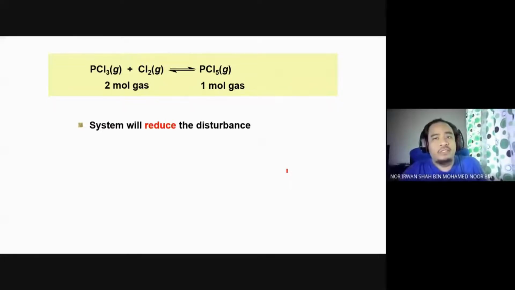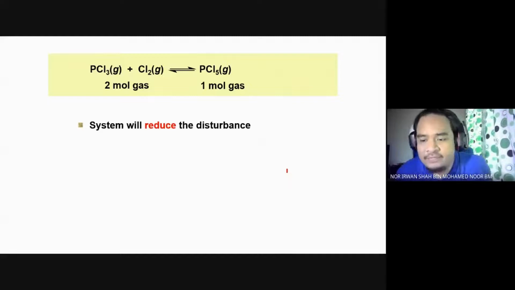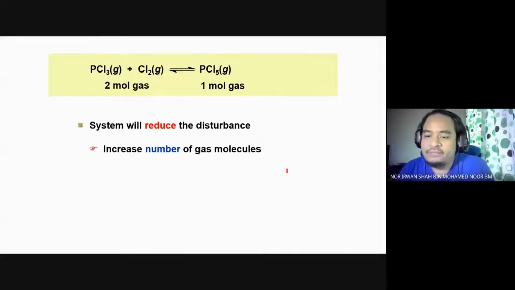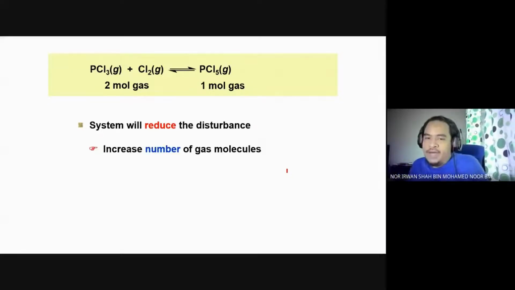So what will the system do? The system will increase the pressure. How is the system going to do that? It means the system must increase the number of gas molecules.